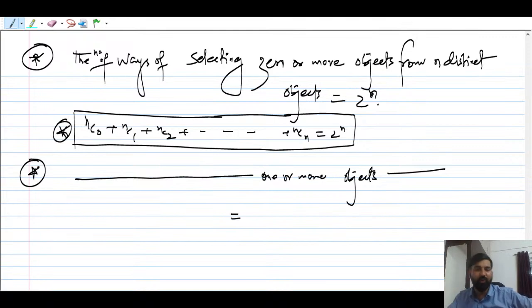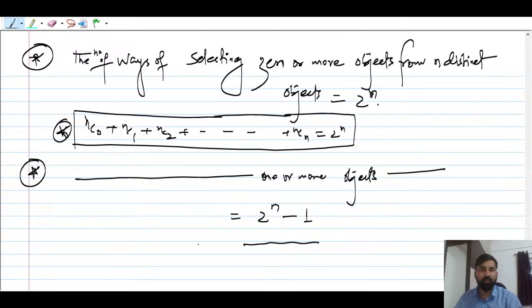You just count over counting, मतलब पूरा count कर लो. 2 to the power n will be there. Then you do minus 1. One of the combinations you have to subtract, right? So 2 to the power n minus 1 is the number of ways of selecting one or more objects from n objects. I hope this makes sense.